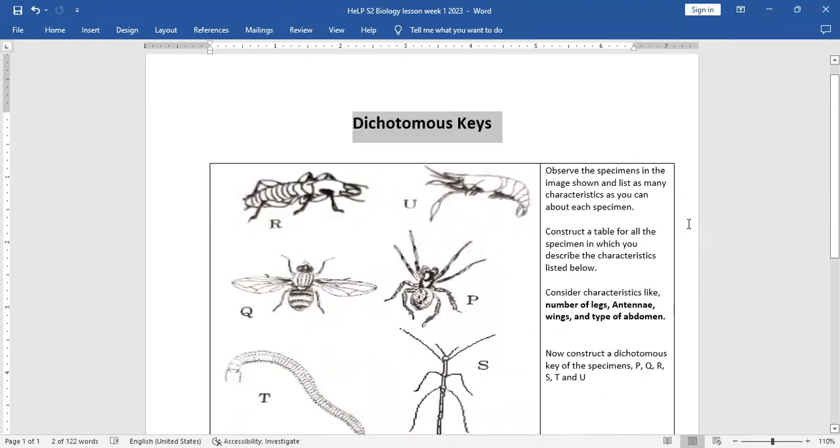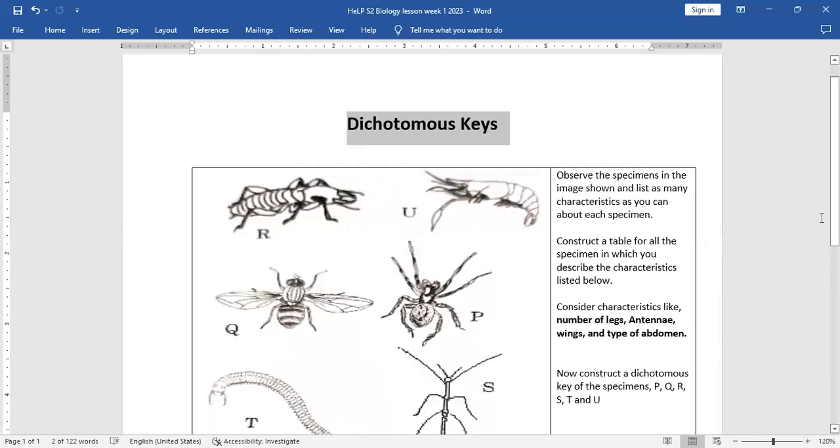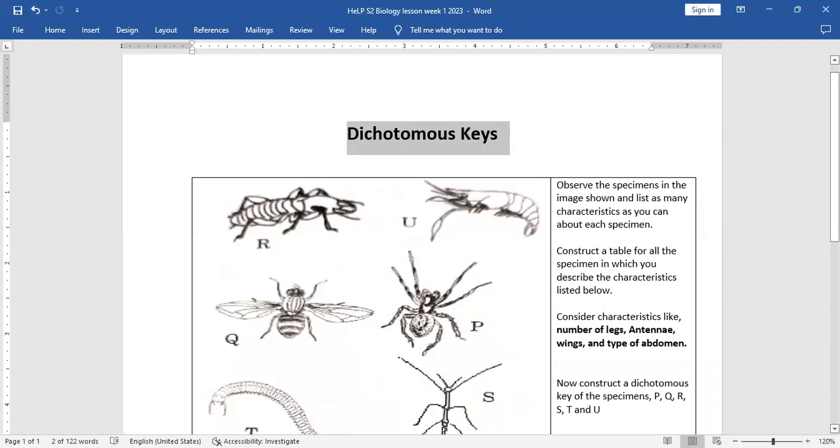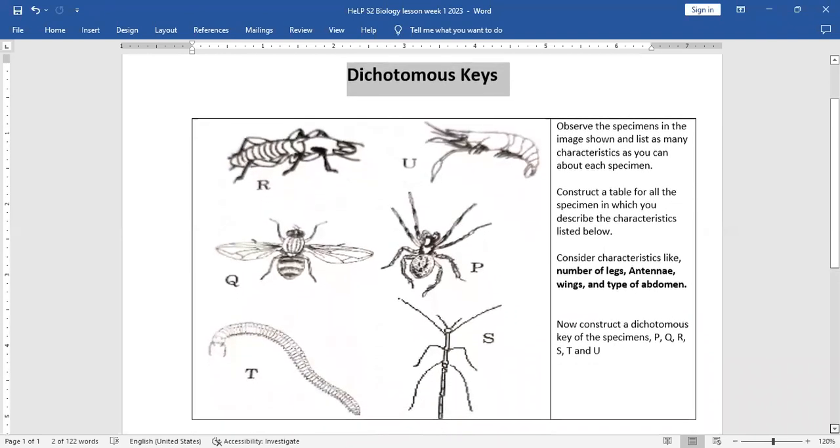Okay. This is what we are going to use. Let me enlarge it a bit so that everyone can see whatever there is. This is the practice we are going to do. So today I have brought 6 organisms. And we are going to use them in today's lesson to construct a dichotomous key.